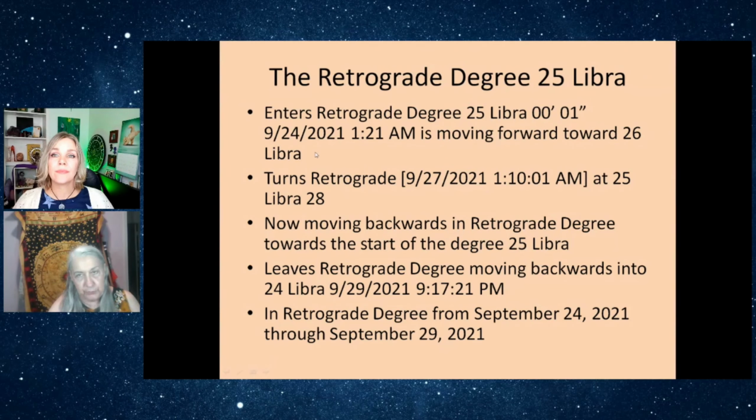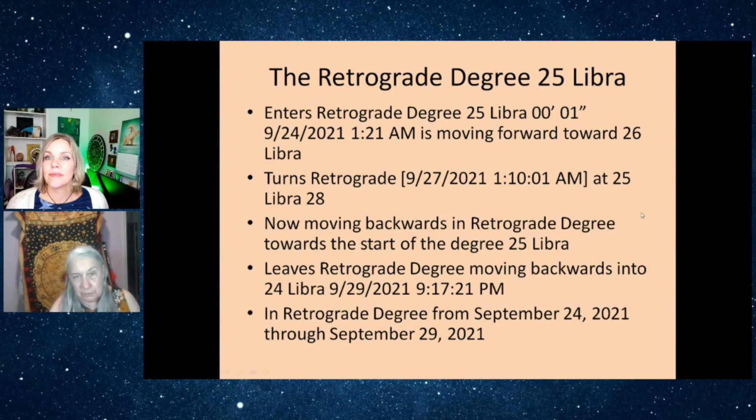And Mercury enters that degree, but it doesn't get out of it, not the way one normally would. So it enters that degree at 1:21 a.m. on the 24th of September. And it's moving forward toward 26, but it's going slower and slower and slower.